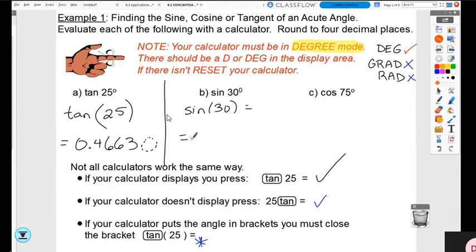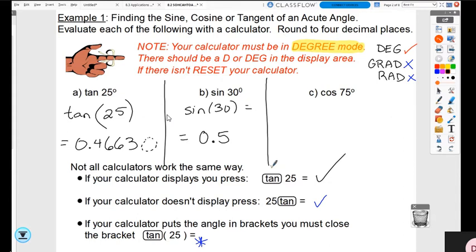Yeah, 0.5. Sometimes the textbook might say round to 4 decimal places, and you might write something like 0.5000, which is a little weird, and I would not expect you to do that. 0.5 is great. Sine of 30, yeah, 0.5.